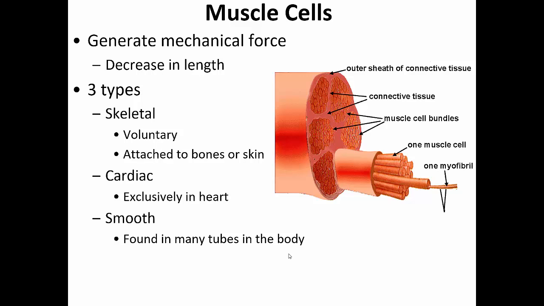You'll see in that same diagram that there's a bundle of muscle cells together in something referred to as a fascicle. Our diagram is labeling those as muscle cell bundles, also referred to as fascicles. There's connective tissue that surrounds those fascicles, and then there's an overall outer sheath of connective tissue that encircles all the fascicles.